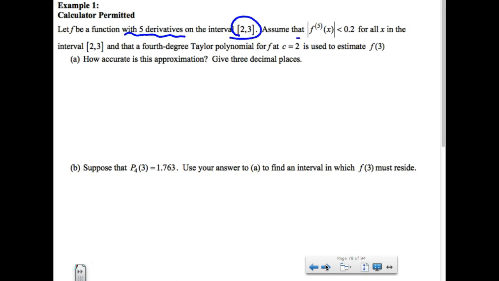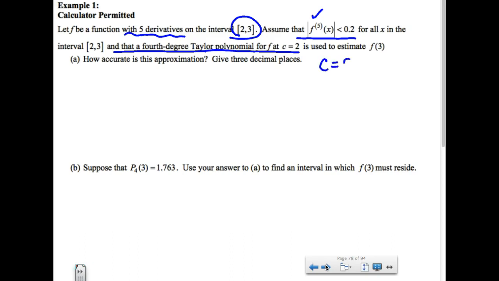It is giving me the 5th derivative's upper bound for all the x in the interval from 2 to 3. And we're going to use a 4th degree. So notice what they're doing. They're giving me a bound for the 5th derivative. I don't even have to find it. A 4th degree Taylor polynomial for the function at c equals 2.